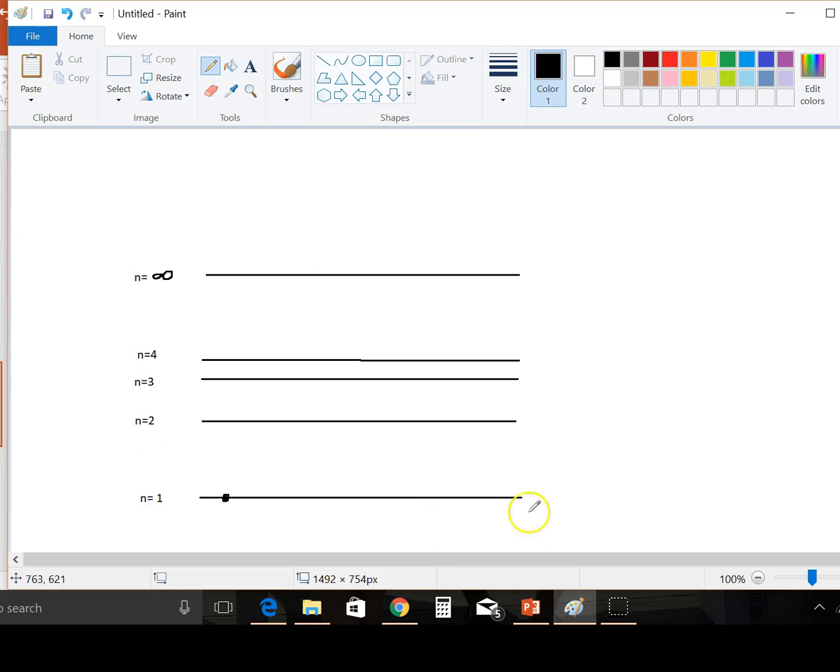So if we zap this atom with energy, the electron will be promoted to a higher energy level. So now it's at n equals 4. Now, the electron could fall all the way back to n equals 1, it could fall to n equals 2, or it could fall to n equals 3.